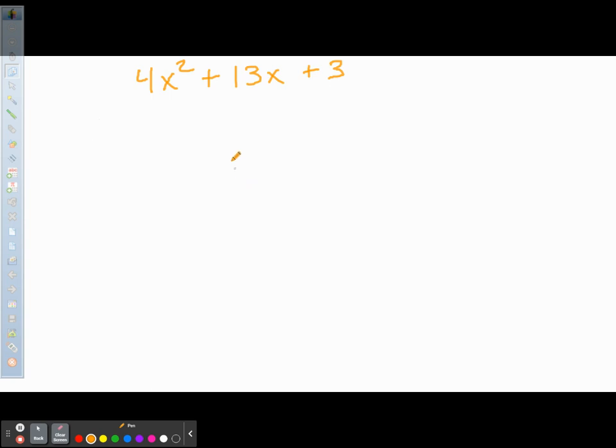Okay, so before you just looked at factors of 3 that add up to the middle number. Now you have to look at 2 pairs of factors. You have to look at factors of 4, and you also have to look at factors of 3.